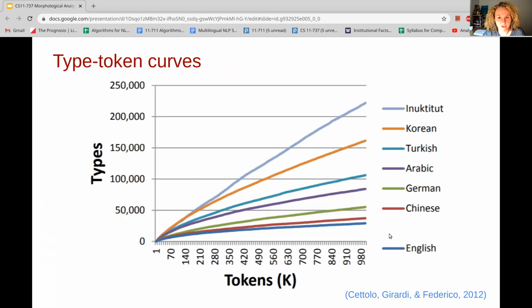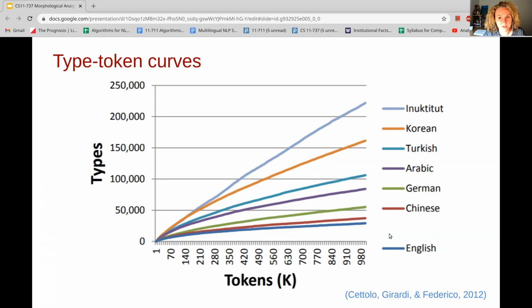There are type token curves that can also visualize the properties of morphologically rich languages. So we can see that the richer the morphology of a language, the higher the type to token ratio in a language. And consequently, the higher the sparsity of tokens in the corpus.